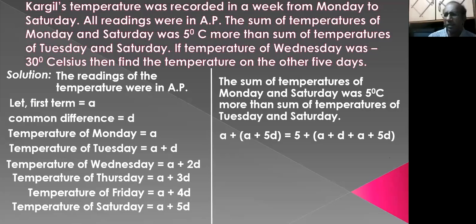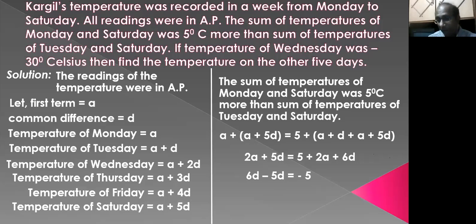With a plus sign, there should be no headache. It's a simple bracket opening technique. A plus A, 5D remains, and the 5 is plus. It's not into, where the bracket multiplies everything. So inside the bracket, the A's become 2A, and 5D becomes 6D. So basically you are left with 2A, which gets cancelled from both sides. So 6D minus 5D equals minus 5. See the arrangement, here I'm directly putting this: 6D went from here to there, 5D went from here to there, 5 went from there.